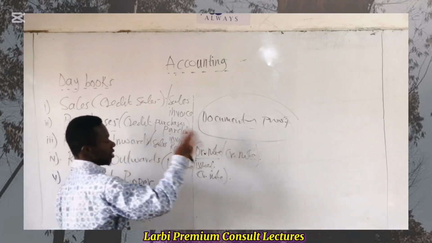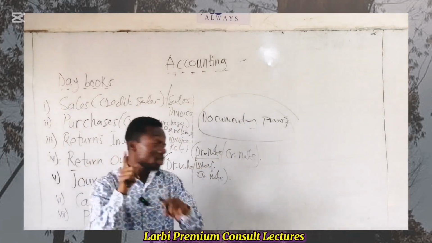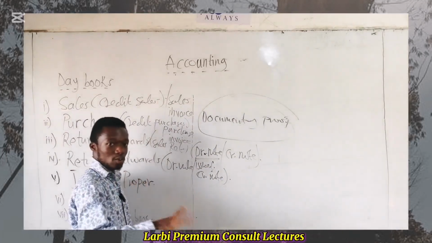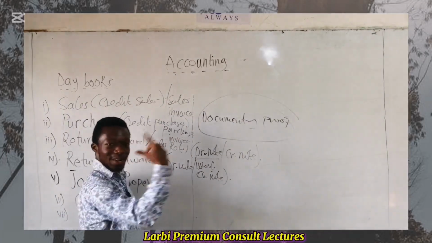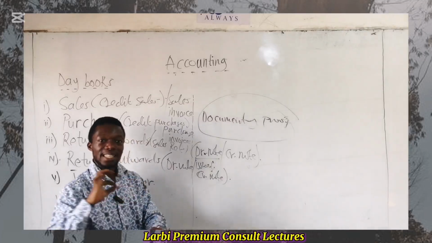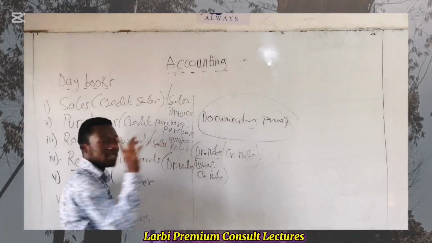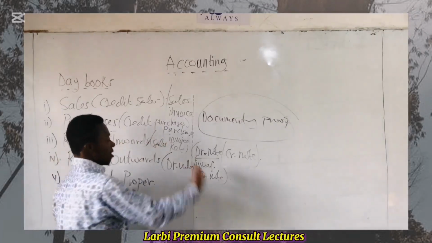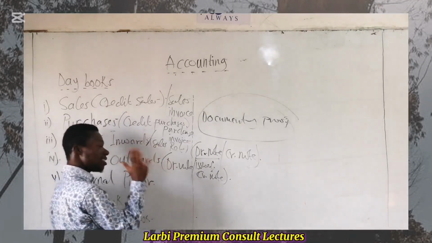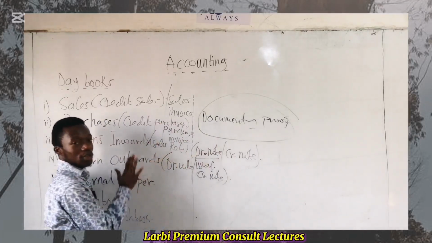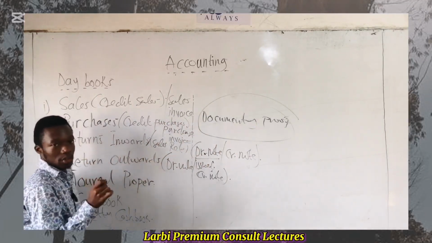Debit note issued, saying that we have returned the goods to you, the supplier, and so you are the one receiving the goods, because the double entry principle says that we debit the receiver and we credit the giver. So you are the one receiving. You are going to debit your account as a supplier, and then we credit the business account. So if the business is the one issuing the note, it is going to issue a debit note in support of the returns outwards.